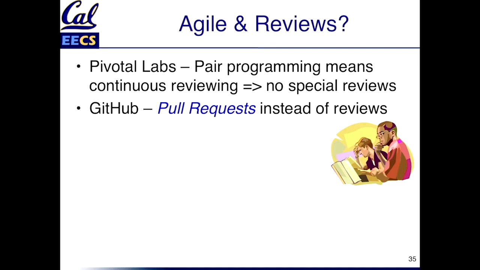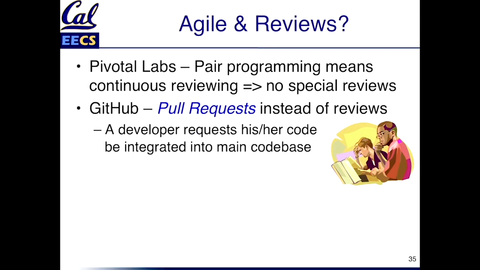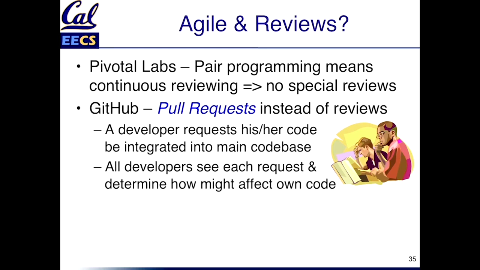GitHub has this other idea they call pull requests instead of reviews. And here's the idea. The developer is doing the code and then releases the code into the main repository. Everybody who's involved in the project does this pull request and takes a look then, and this could happen multiple times a day, to see if the committed code might affect their code.